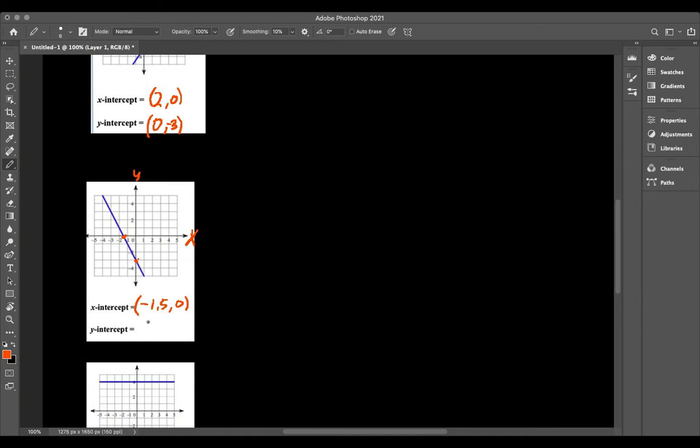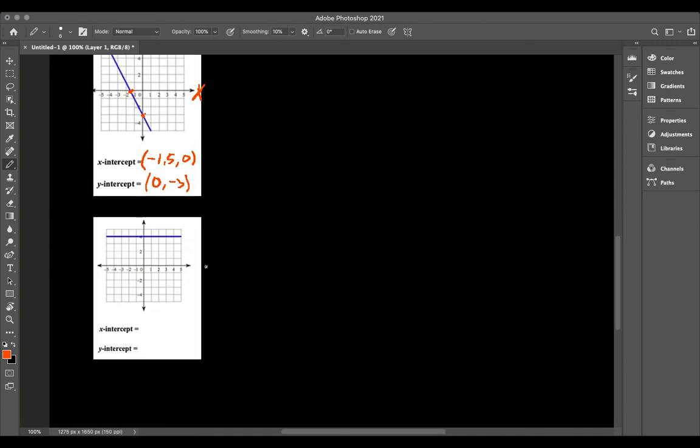So it's negative 3. So 0, negative 3. Okay, and that's how it would work. And there's the answer to that. So the x-intercept is 1.5, 0, and the y-intercept is 0, negative 3. Okay, so that's the next one.